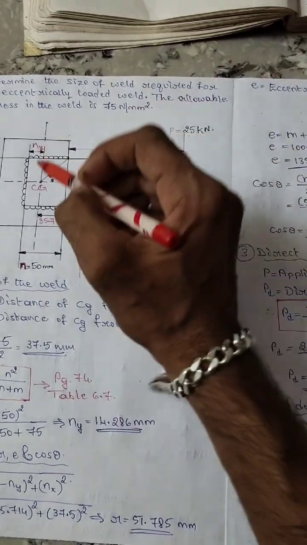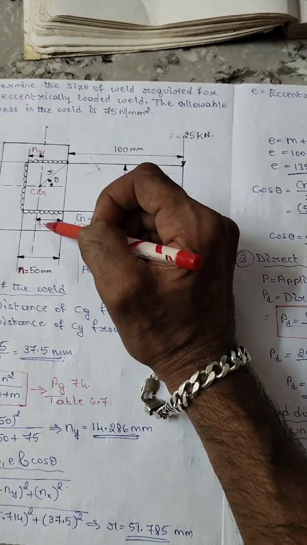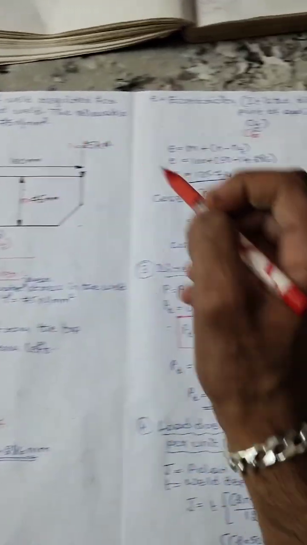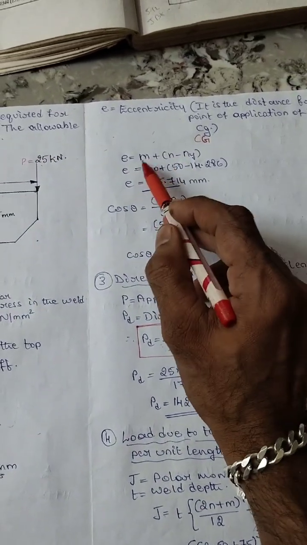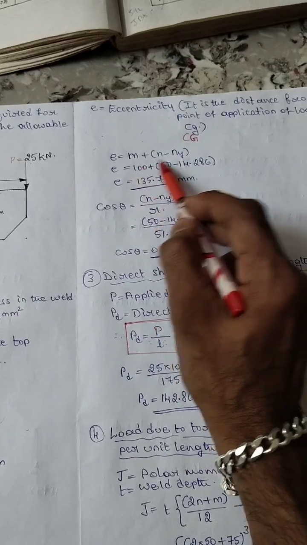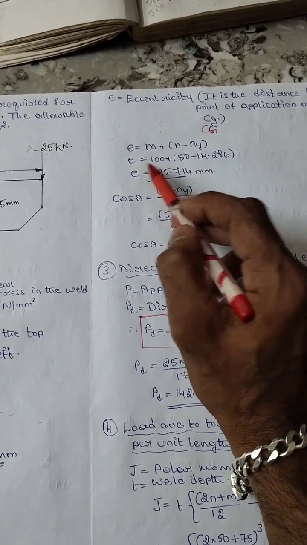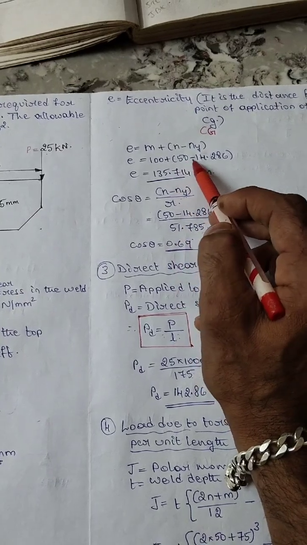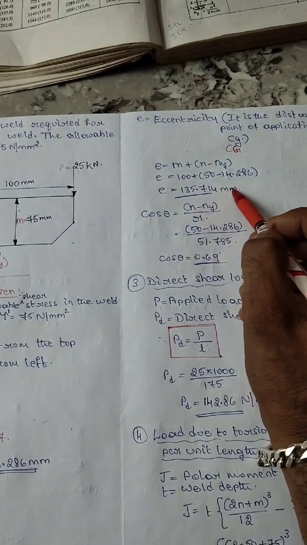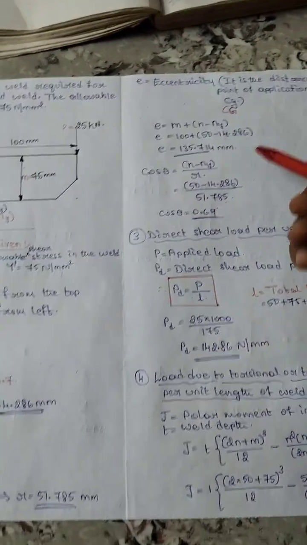Load applied is here and center of gravity is here. In terms of equation I have written it for your convenience, it is not available in your data handbook. So e is equal to 100 plus 50 minus 14.286, and you will get 135.714 millimeters eccentricity.